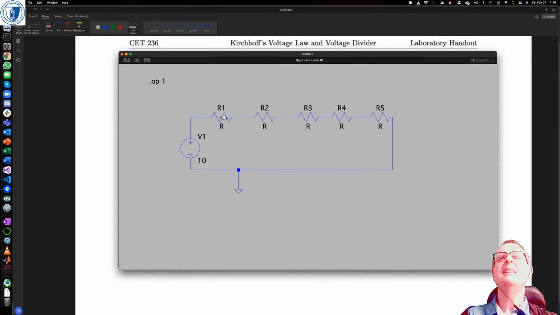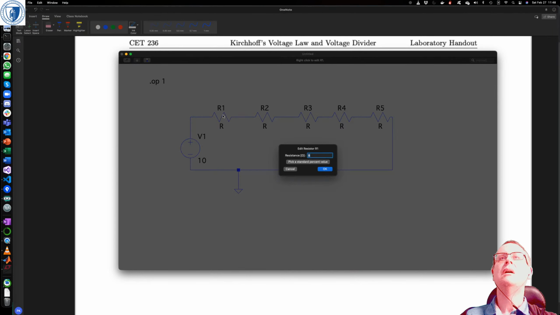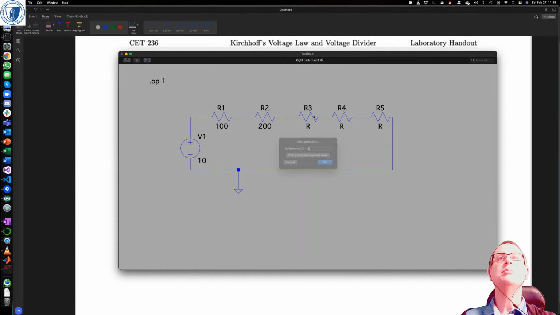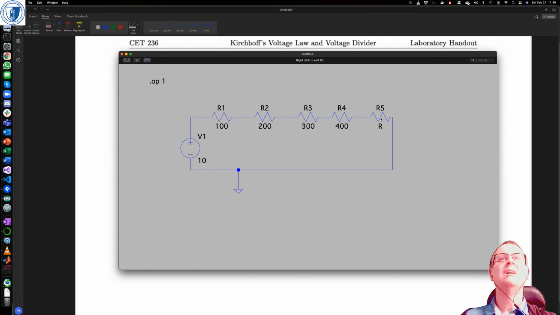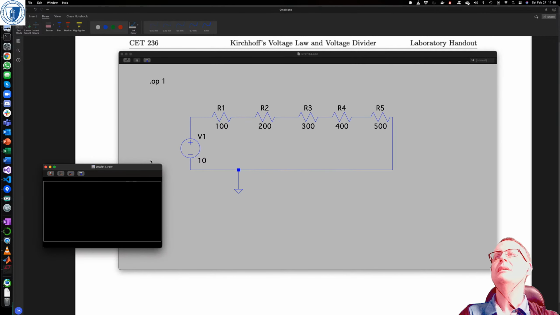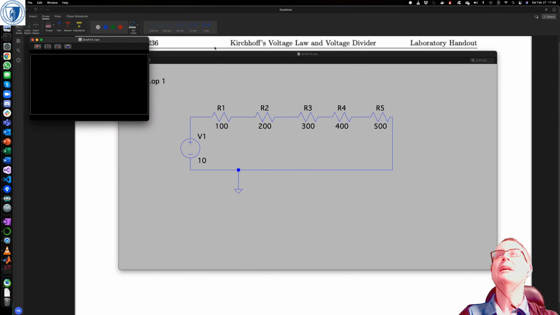We haven't chosen any numbers yet, so let's just choose some numbers, and they have to be all different. And then 500, just for simplicity. So we have 5 resistors and a voltage source. Let's see if that runs. Yeah, there are no errors, so it's running quite happily.